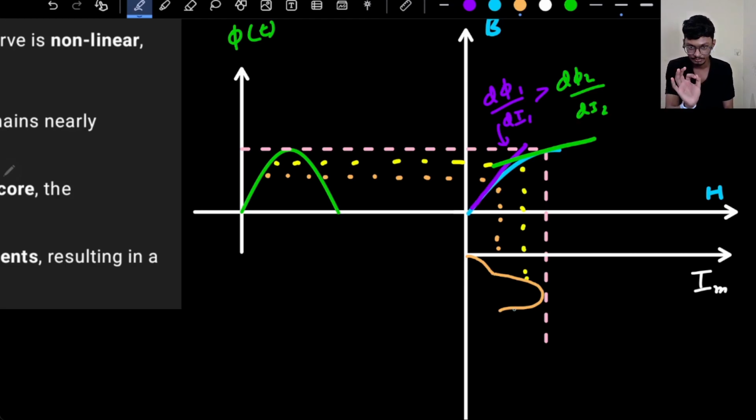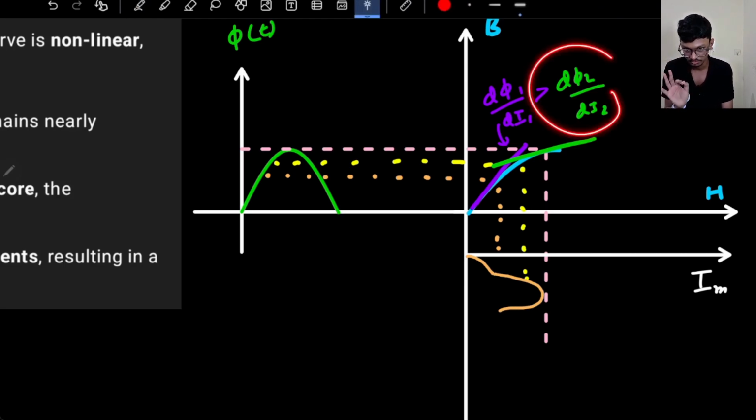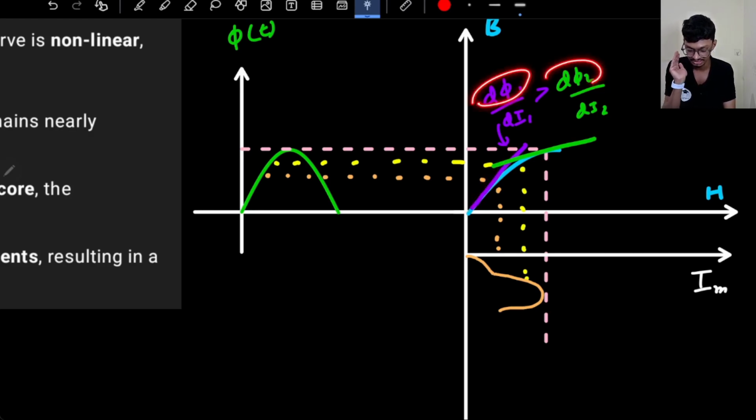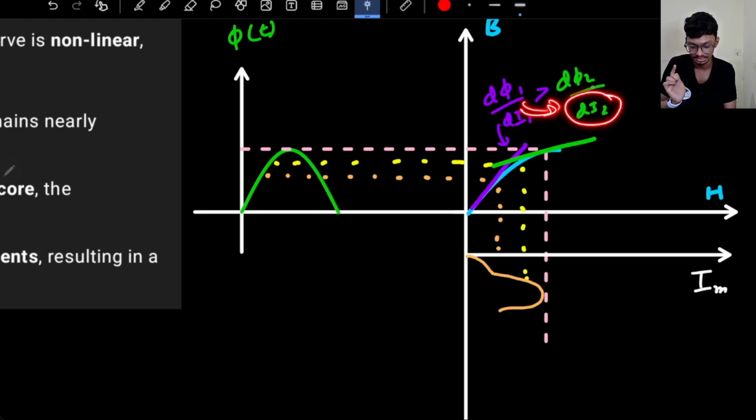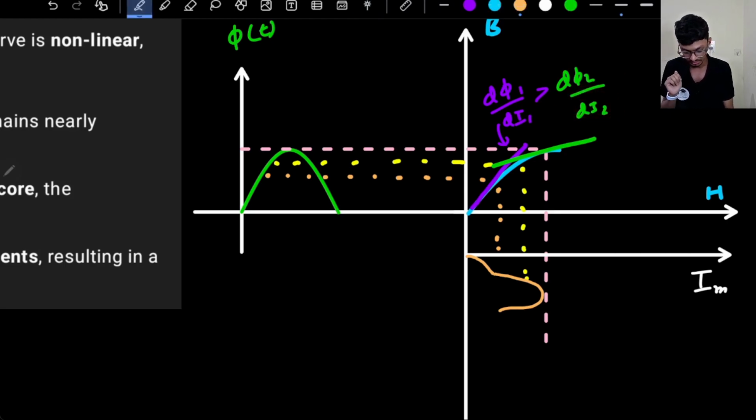It is the simple slope concept: where the slope is larger, the change in current is smaller; where the slope is smaller, the change in current is larger, since the numerator is constant. That's why the current curve will look something like this.